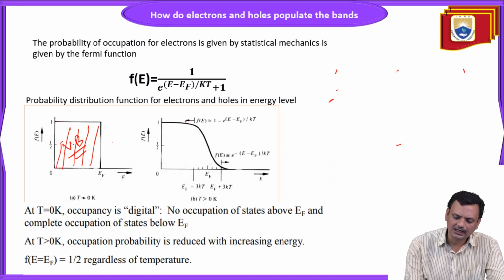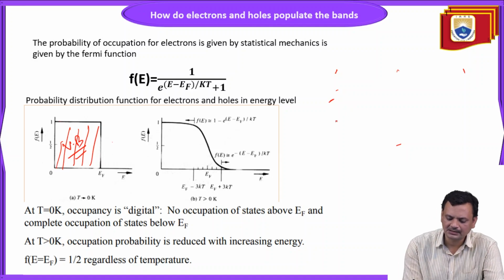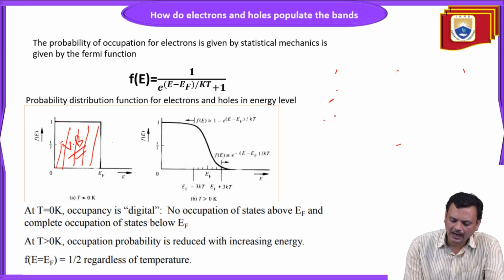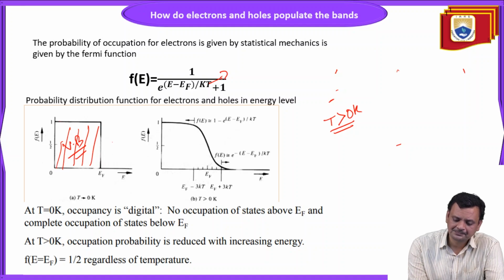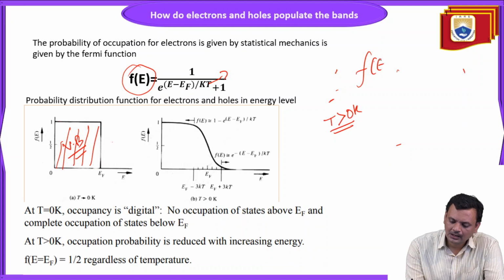See, this is the case when we are discussing T greater than 0 Kelvin, which means at some higher temperature. Here T will take some value, so this overall function F(E) will give some value lower than 1.